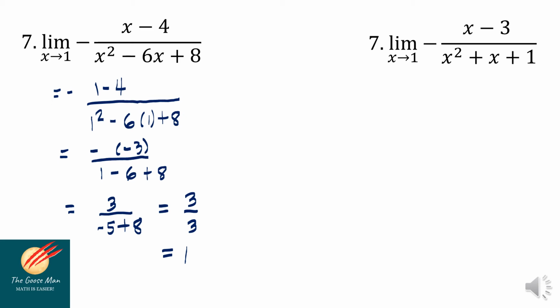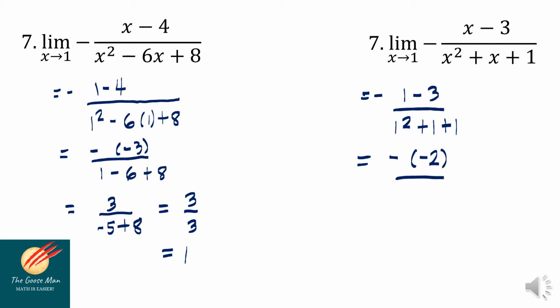So this is equal to negative of 1 minus 3 all over 1 squared plus 1 plus 1. In the numerator, I have negative of negative 2 all over 1 squared plus 1 plus 1. So I had 2 all over 3.